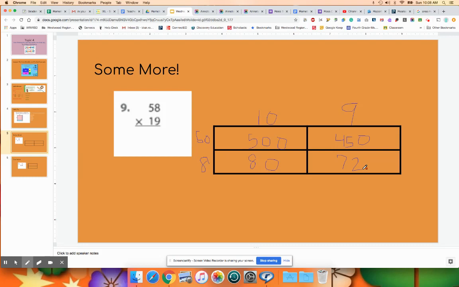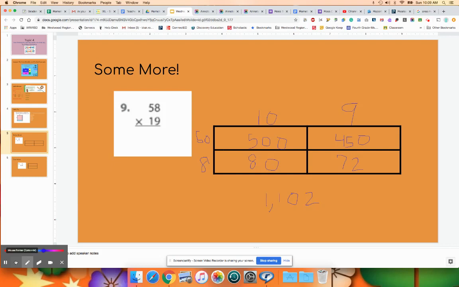And then when you add these all together, you're going to get 1,102. Okay? So today on your scrap paper, you are going to have to draw a box. You are going to have to write down, break apart your numbers and your partial products and do the addition as well. So there is a little bit of work for you to do today.